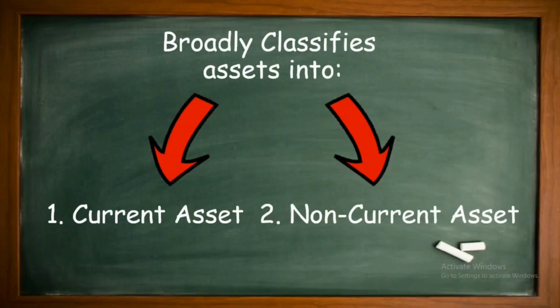It only provides a list of items that are sufficiently different in nature or function to warrant separate presentation. The common practice, however, is to present current assets before the non-current assets on the face of the statement of financial position.